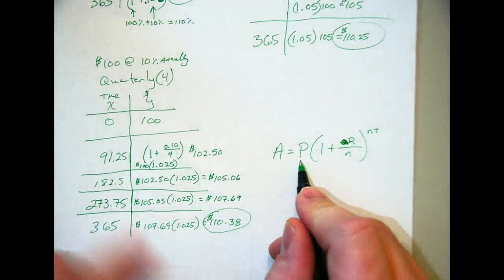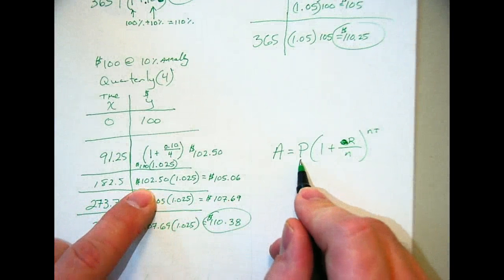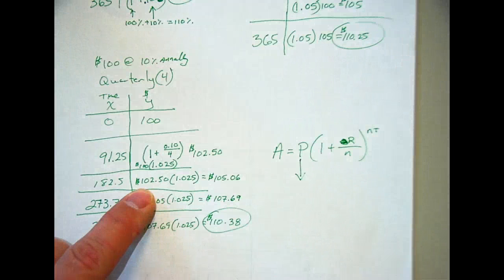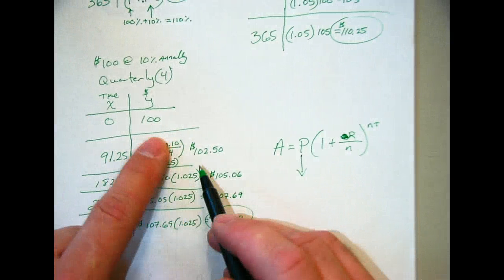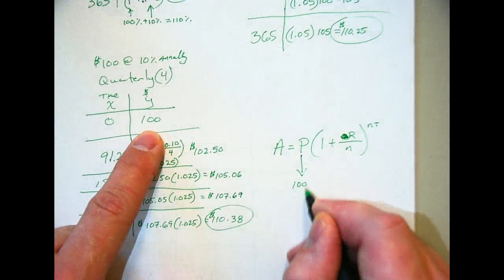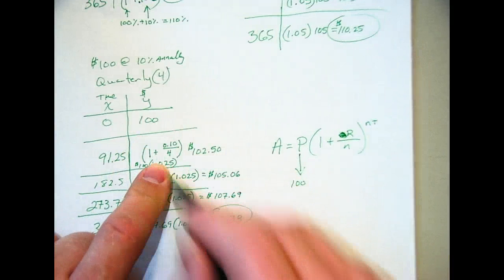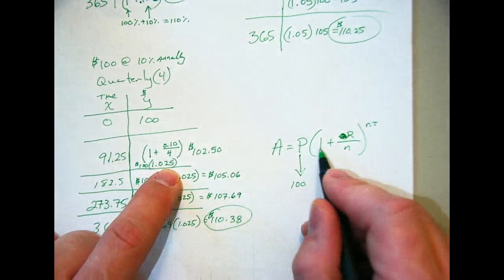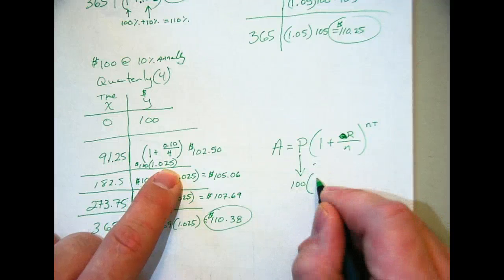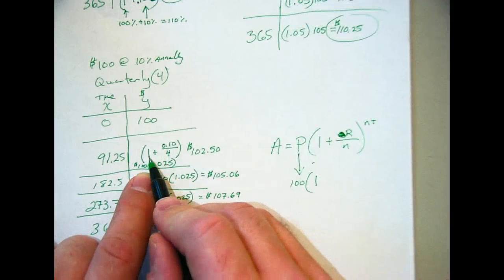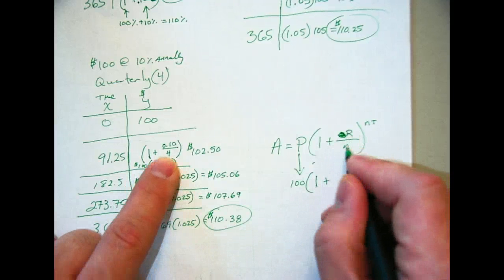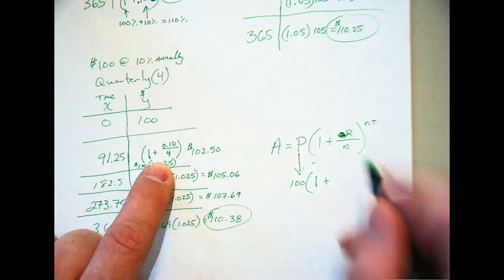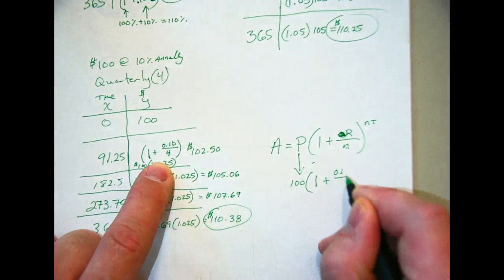So here's our principal. In our example, what was that? The 100. It kept changing, but it was originally our 100. So if we just did our first one, from here to here, it would be 100 times 1 plus our rate divided by N. So 0.1 divided by 4.